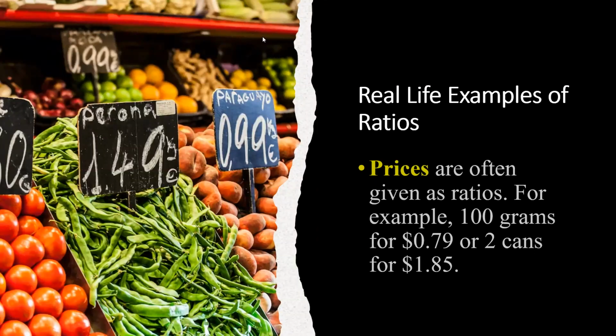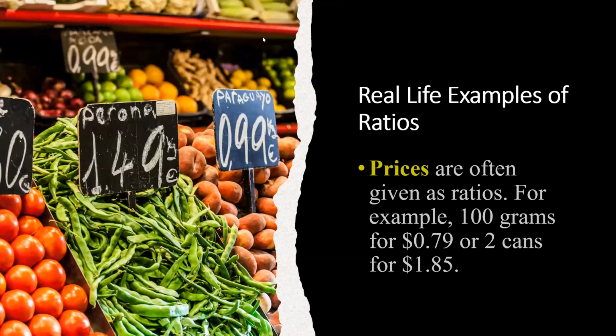So for every pound that I get, I have to pay $1.50. Same thing for bananas. I say the banana is 50 cents per pound, which means that every pound that I get, I got to pay 50 cents.